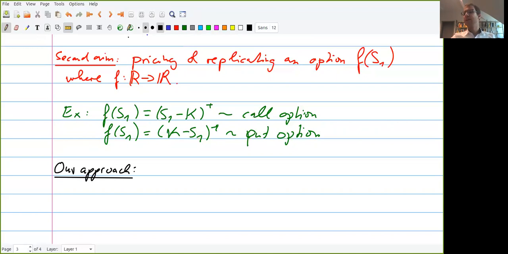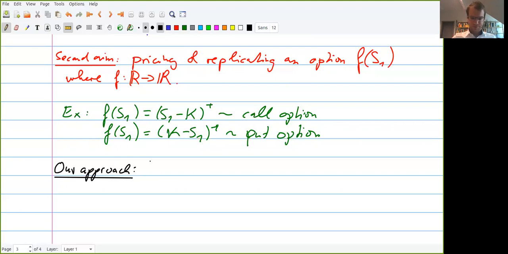If we find a way to do this, and we know how much money we need, then the law of one price will tell us the price of this option. If there are two ways to get the same payoff, they need to have the same price by the law of one price, because we have our no arbitrage principles.